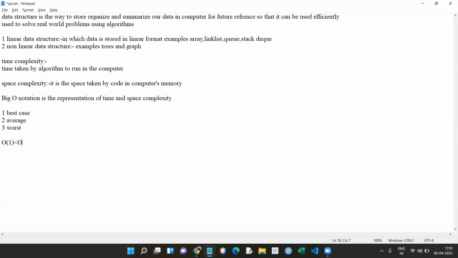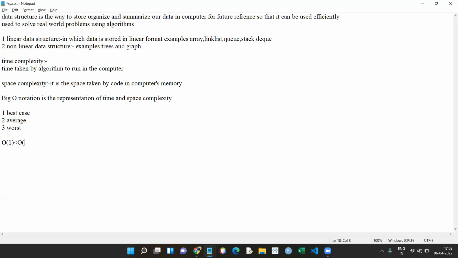Big O of 1 is constant time, which means irrespective of the input size, the code runs in a fixed time.